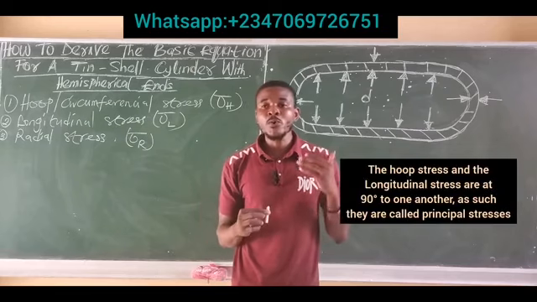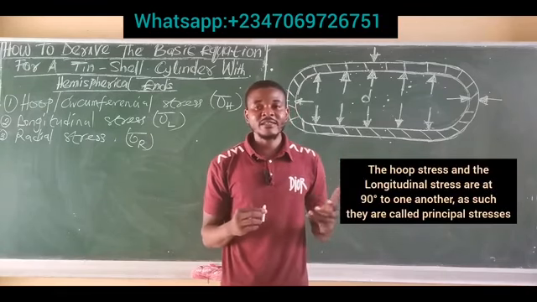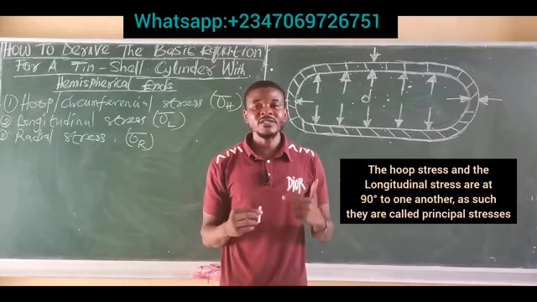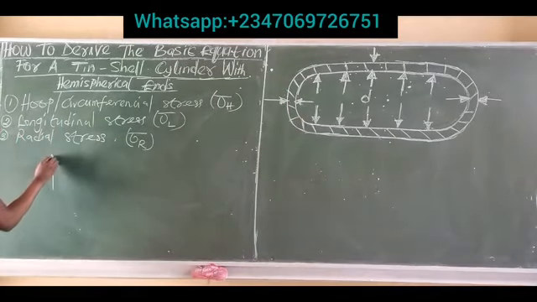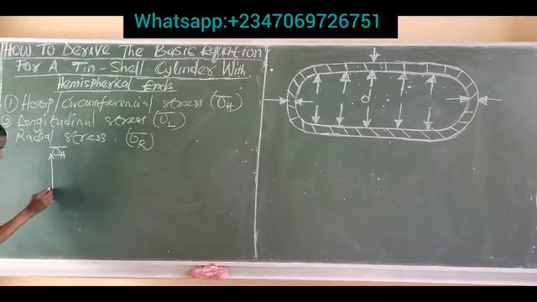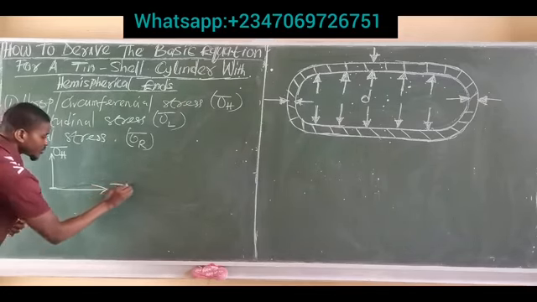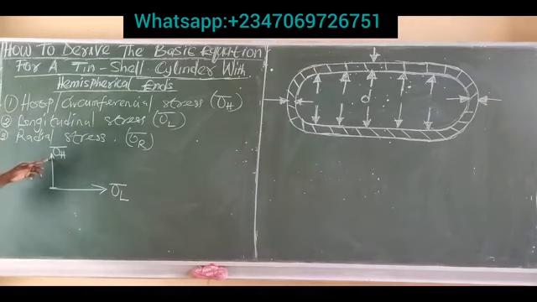Now, the hoop stress and the longitudinal stress make an angle of 90 degrees to one another. So you have something like this. You have the hoop stress which acts at 90 degrees to the circumference of the cylinder, and then you have the longitudinal stress which acts parallel to the circumference of the cylinder. This simply makes them principal stresses.